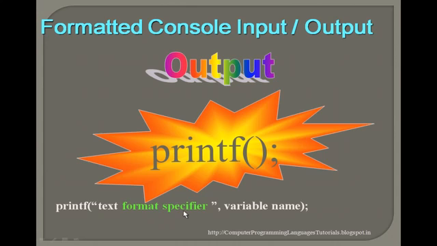Format specifier means %d, %s, double quote complete, comma, and variable name. If you want to give a simple message, for example, if you want to print your name as output, then what is the syntax? printf, bracket, double quote, text, double quote complete, bracket close, semicolon.